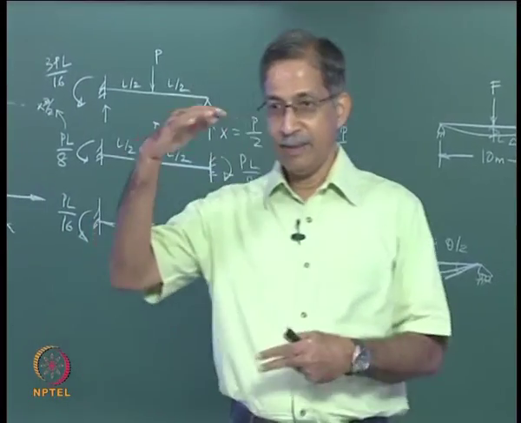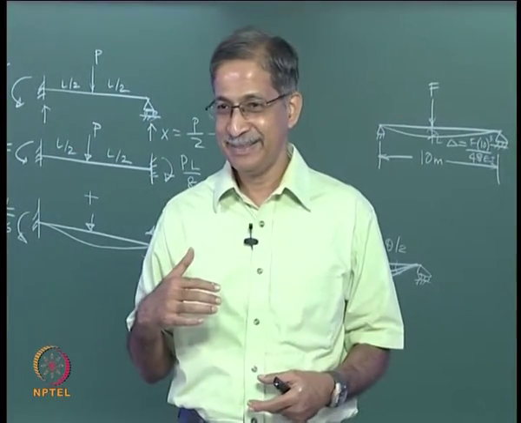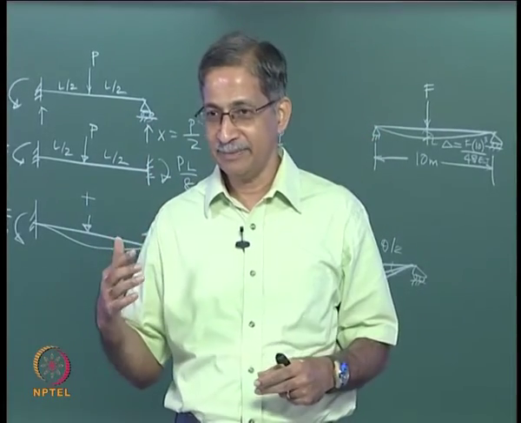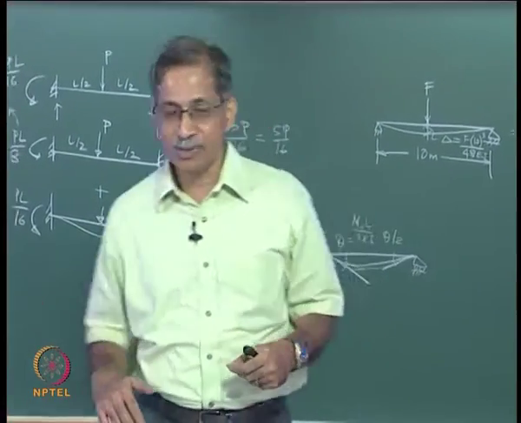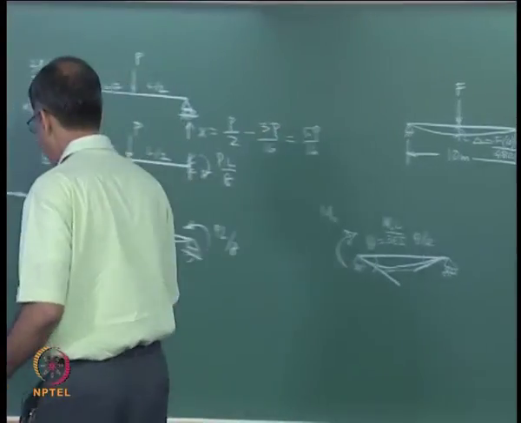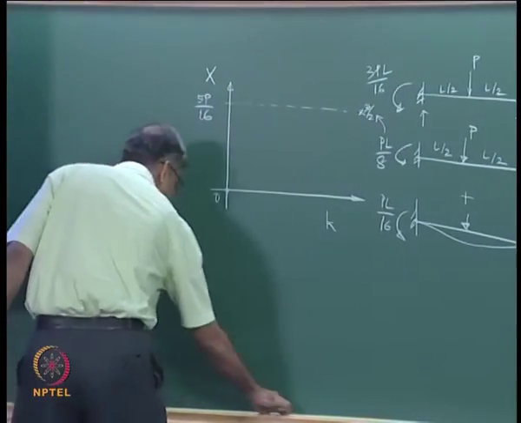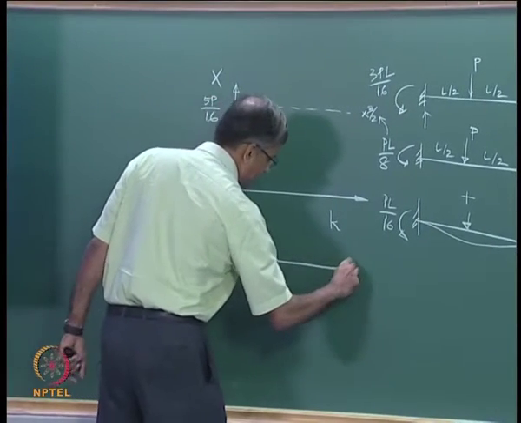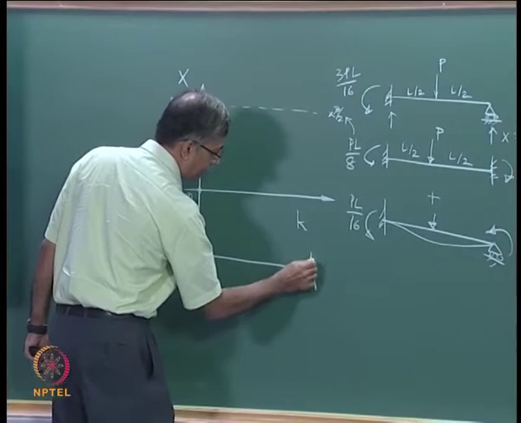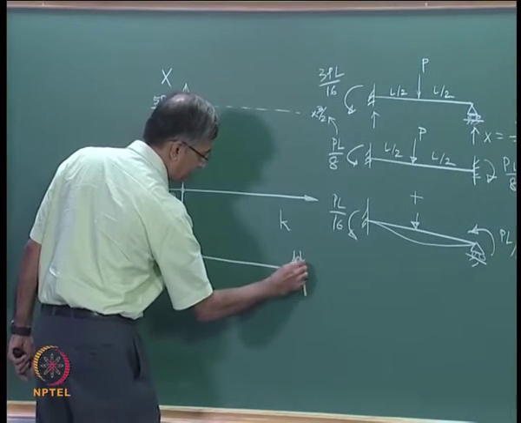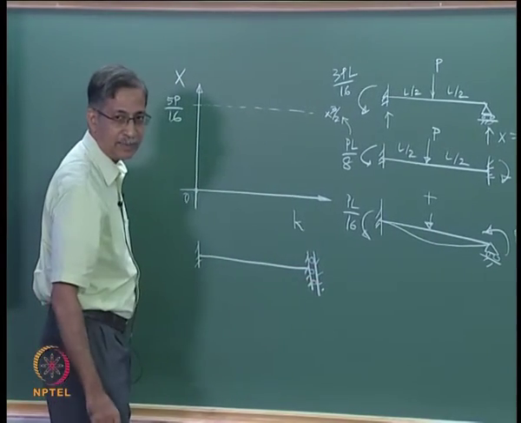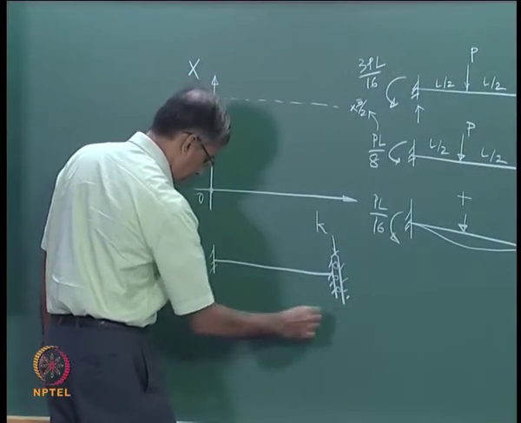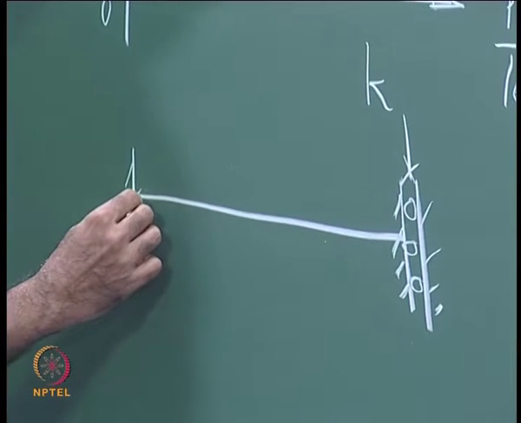Because of parity, because if you flip it upside down also it does not change. It is like the settlement of supports problem. Let us say I had a beam like this fixed here, right. Let us say I push this down. So what is the deflected shape?